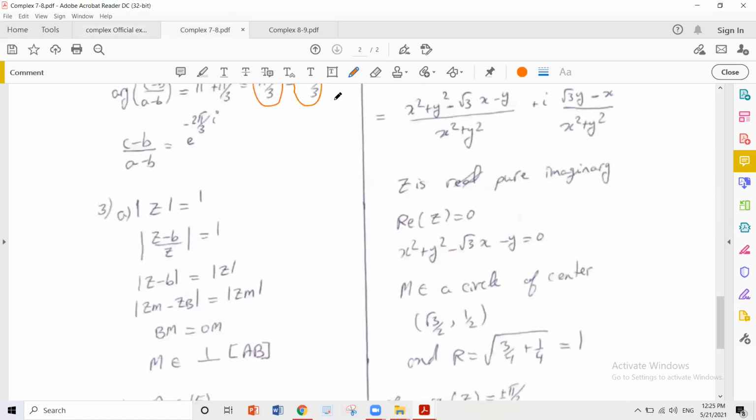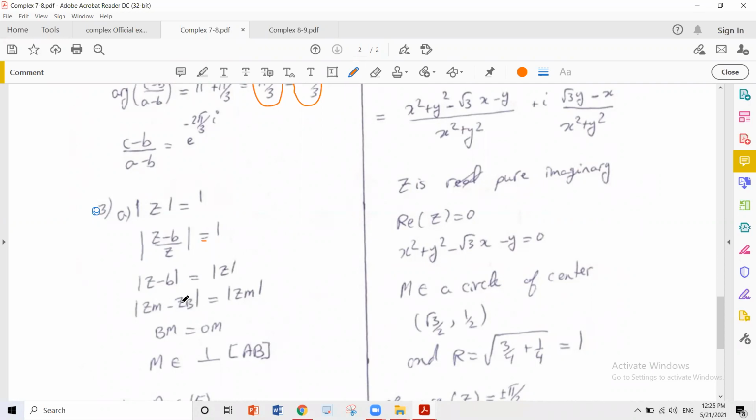So, solution of 3. Modulus of Z equals 1. Z is z minus b over z. Modulus of z minus b over z equals 1. So, modulus of z minus b equal modulus of z.